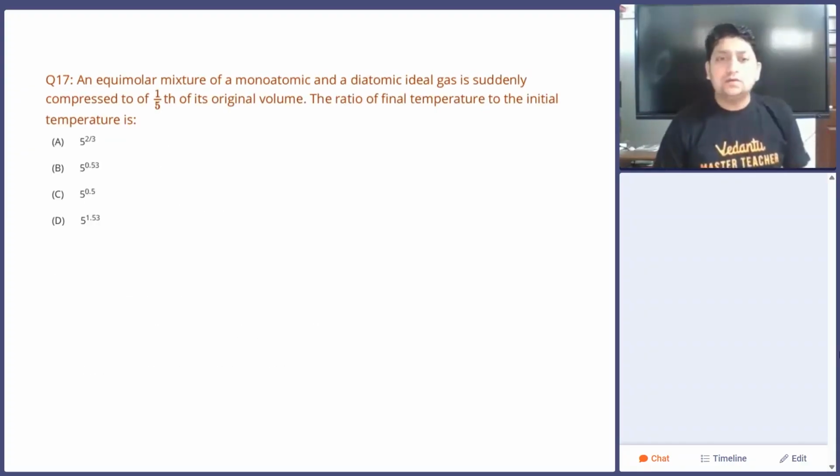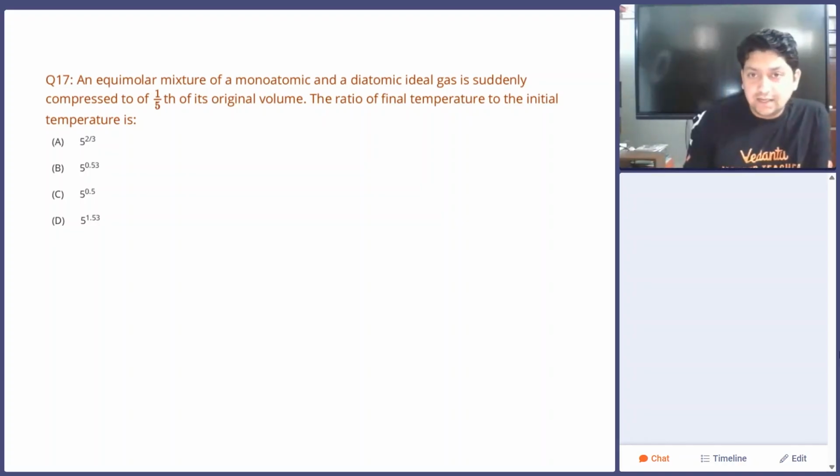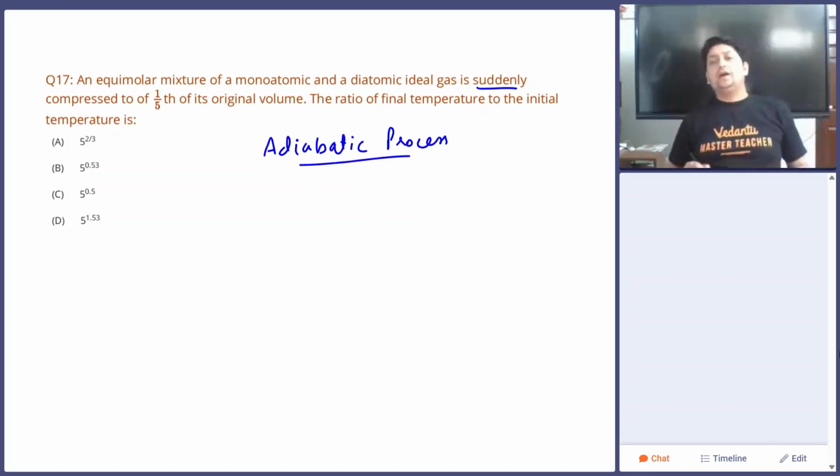An equimolar mixture of monatomic and diatomic ideal gas is suddenly compressed to 1/5 of its original volume. Okay, so it is suddenly compressed. It means it is adiabatic process. And it is a mixture of monatomic as well as diatomic gases.